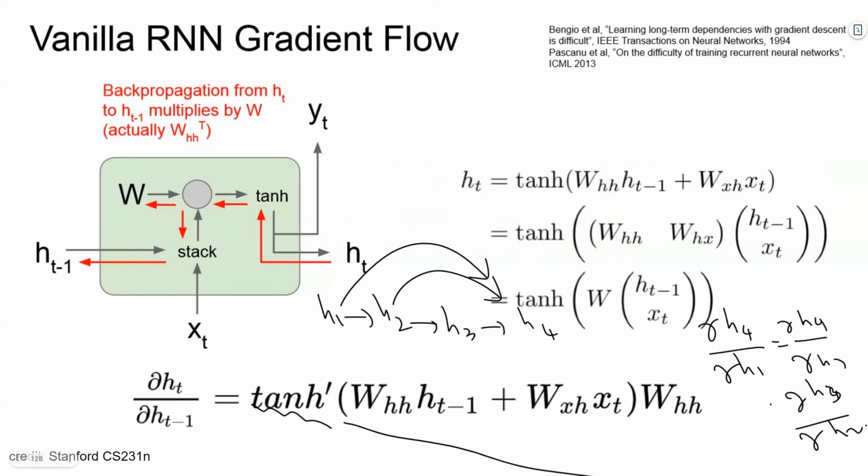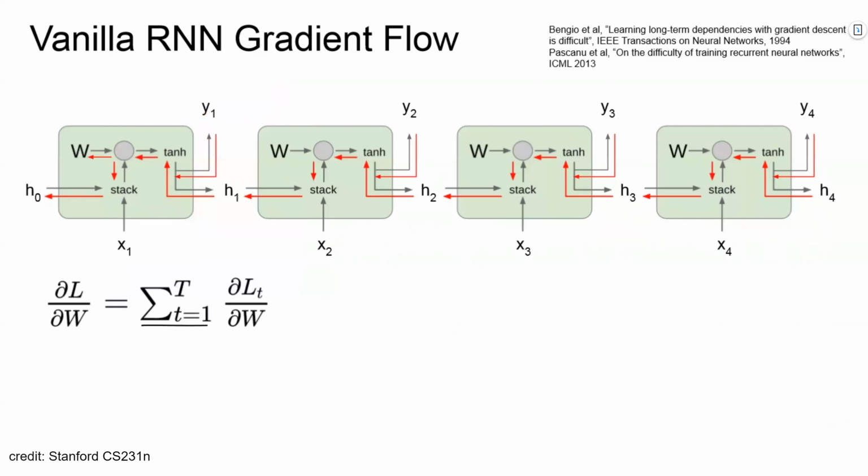So we're going to multiply these values from time step 2 to the time step T like this. That's what it's about.